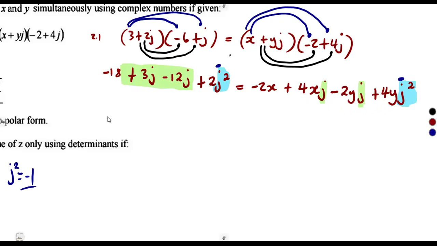So on the left-hand side, that's minus 18, 3 minus 12. These numbers can be simplified. 3 minus 12, that's minus 9j. The j squared was going to give us minus 1, like I said, then minus 1 times 2, that's minus 2, is equal to, simplifying the right-hand side, you're going to have minus 2x.